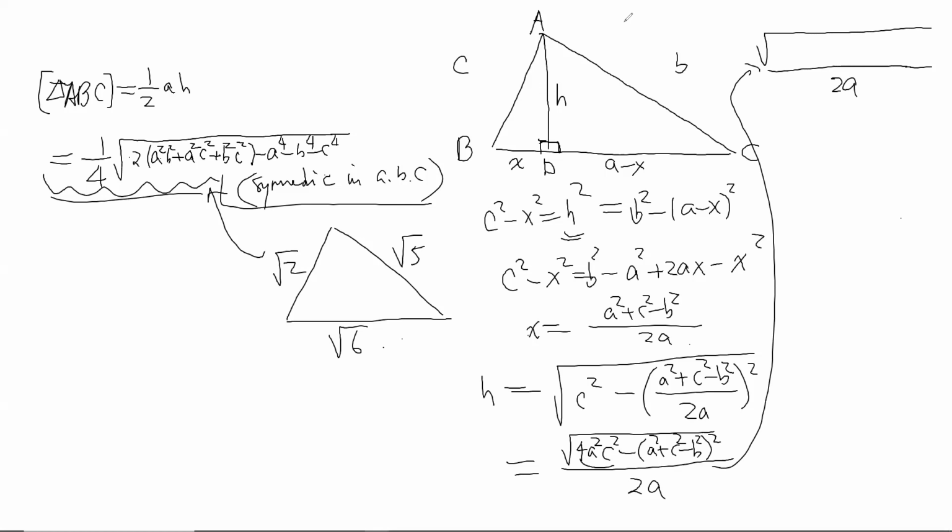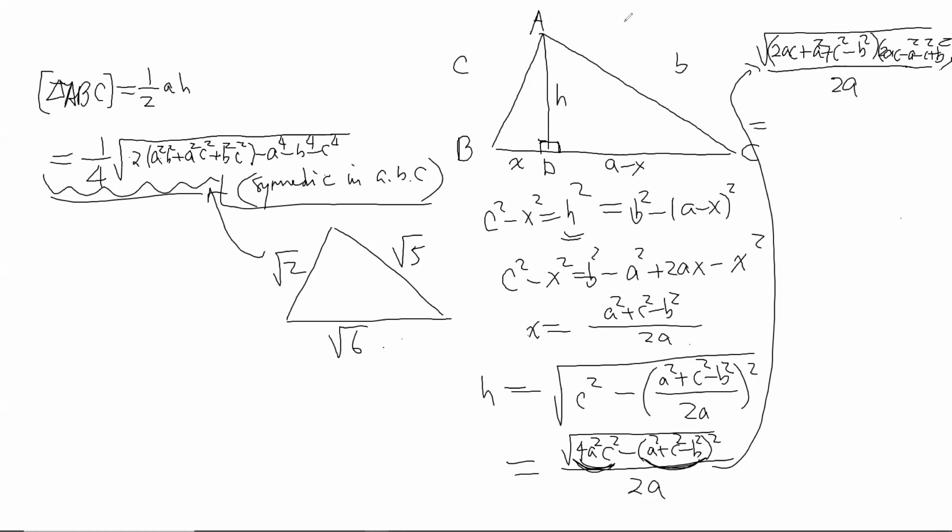So you get 2ac plus a square plus c square minus b square, and then 2ac minus a square minus c square plus b square. Do you agree? Yeah.